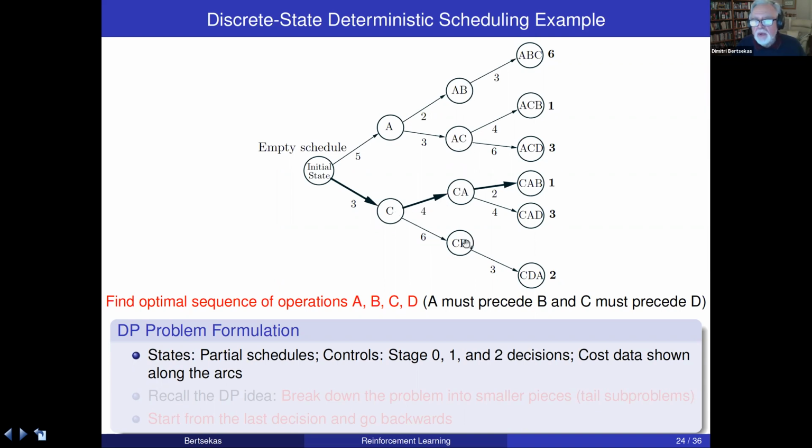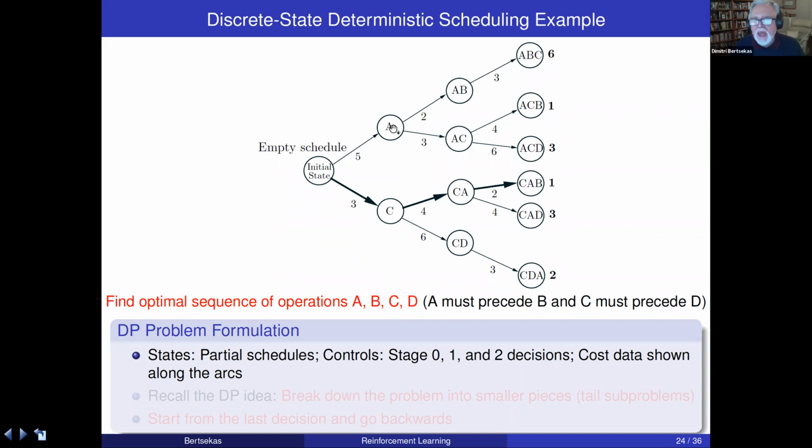And similarly here, there are another 2 transitions. And then there are more transitions. These states here are the states X3, okay? They correspond to the first 3 operations. And then once you schedule the first 3 operations, the 4th operation is immediate, so we don't have to worry about that. So the transition diagram of states and controls is just the graph that you see here. Now, we introduce costs for these transitions, and these are the numbers that you see next to the arcs.